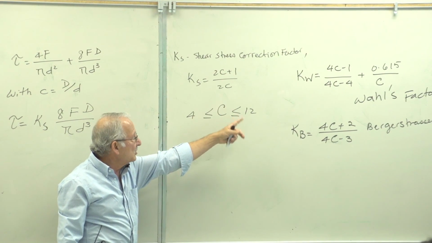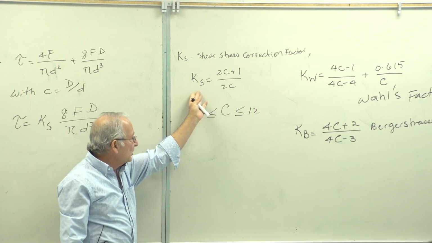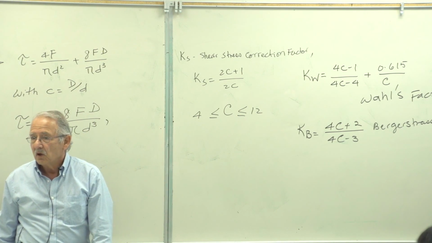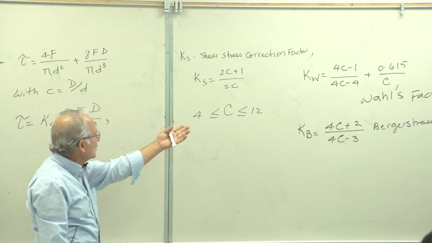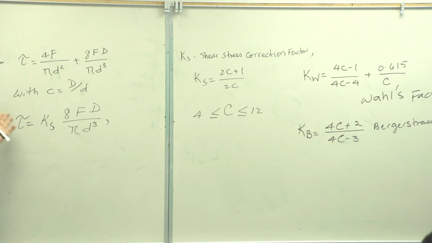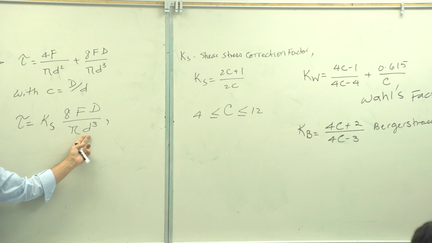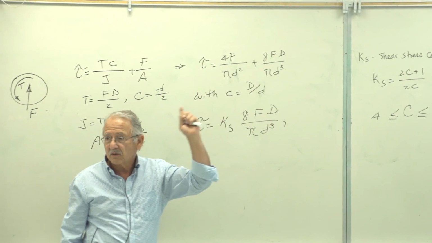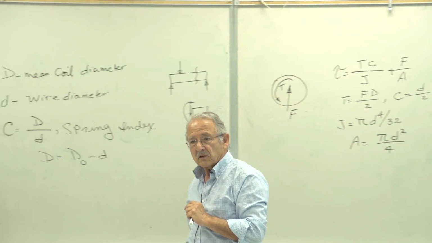So when we use either of these two, we take care of that, and we take care of the stress concentration factor as well. So once we have that, we just simply multiply by Kb rather than Ks. We will have taken care of both the shear stress correction factor and the stress concentration factor.